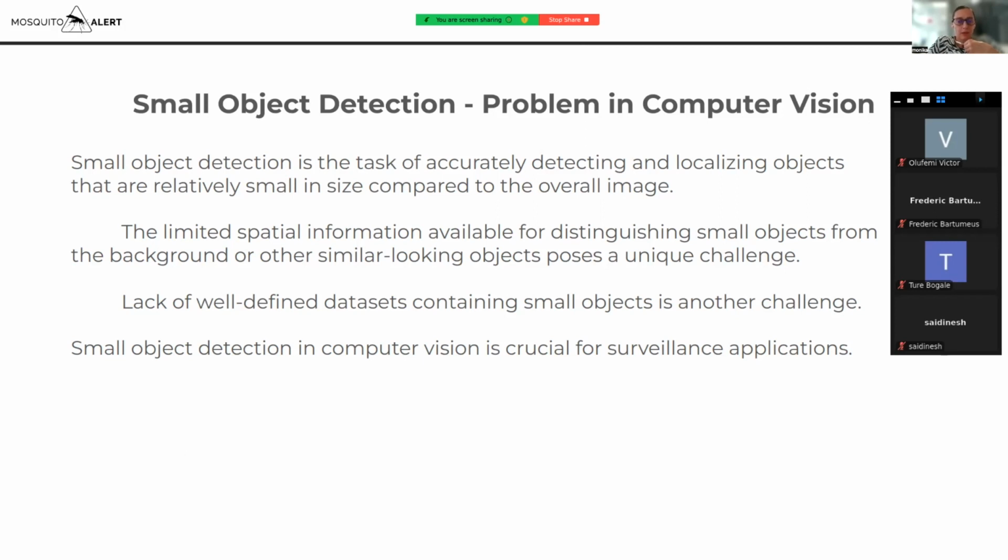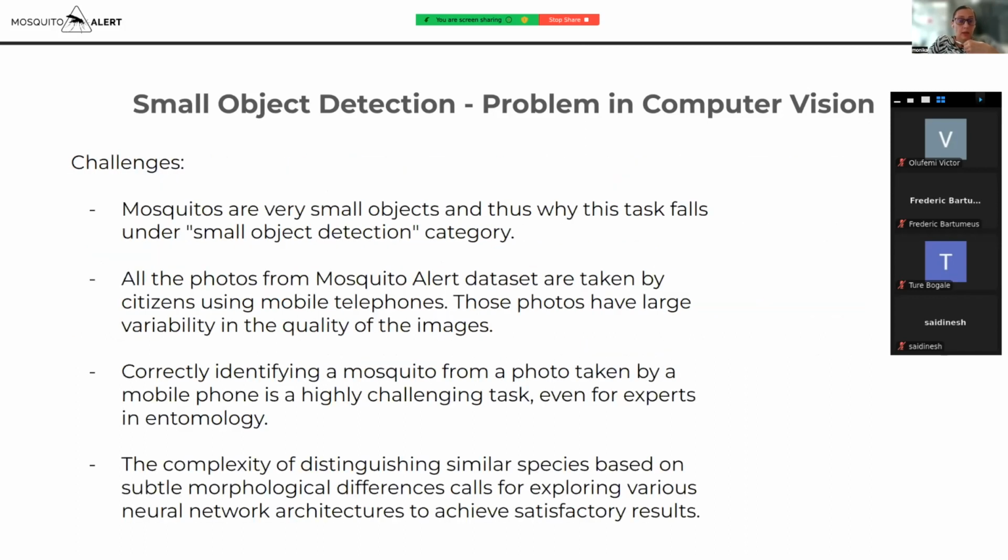And we thought that approach of small object detection can be useful. But like I said before, there's a really small amount of data sets to even train the neural network in small object detection. And we thought that this could be beneficial for the artificial intelligence community. The challenges, I'll just repeat a bit what Roger already said.